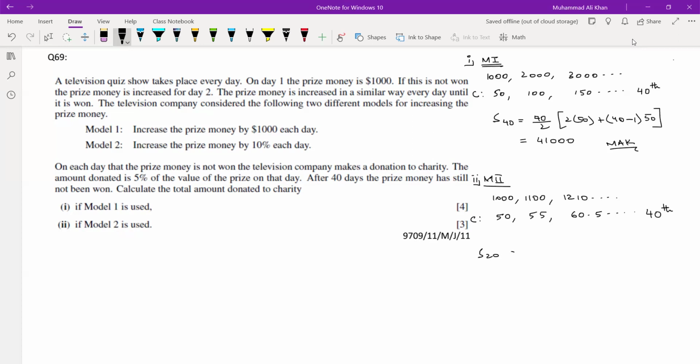S40 equals a times (r to the power n minus 1) divided by r minus 1. What is the common ratio? 1.1 is the common ratio. What is the answer? 22100 up to 3 significant figures. The answer is 22100 up to 3 SF.